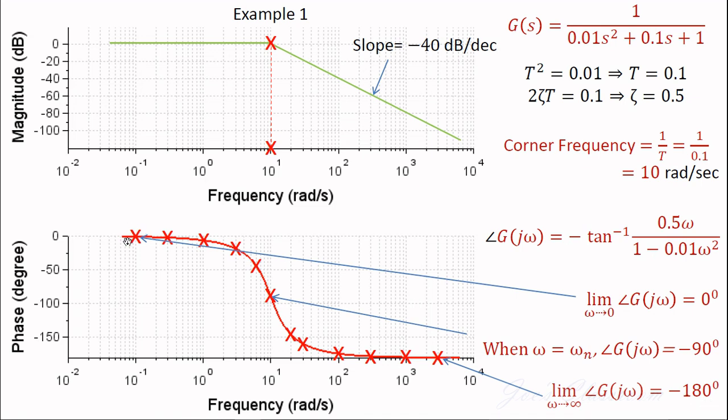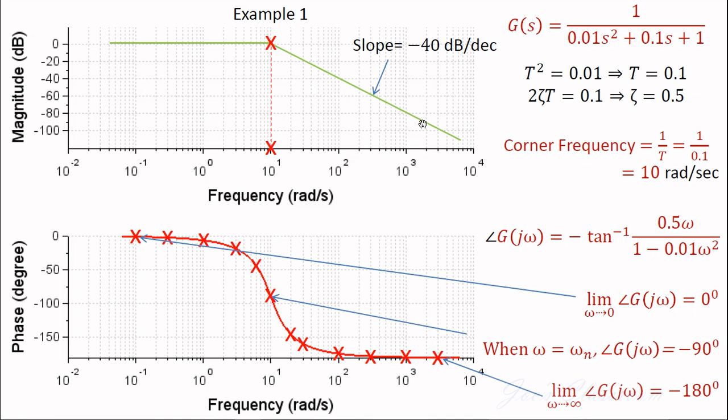It means for a quadratic term in the transfer function, especially when it is in the denominator as a pole, the angle changes from 0 to minus 180 degrees as the frequency increases from 0 to infinity. And at the corner frequency, it will be half of minus 180 and therefore it is going to be minus 90 degrees.